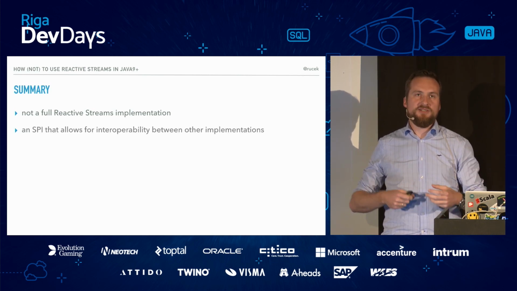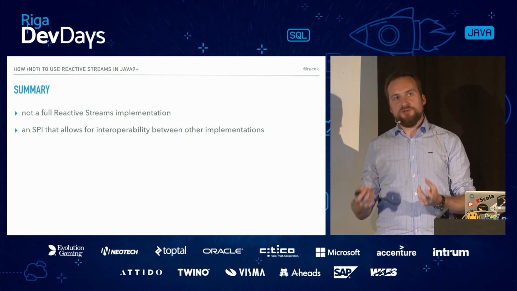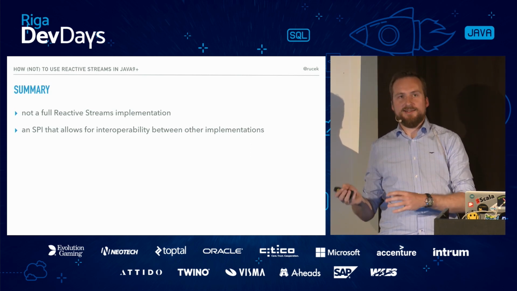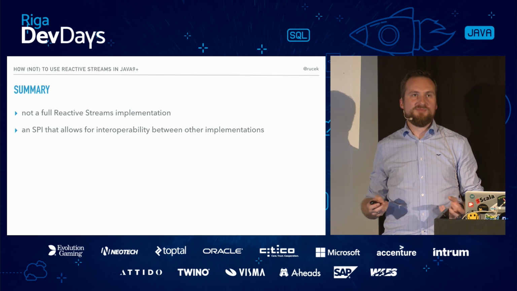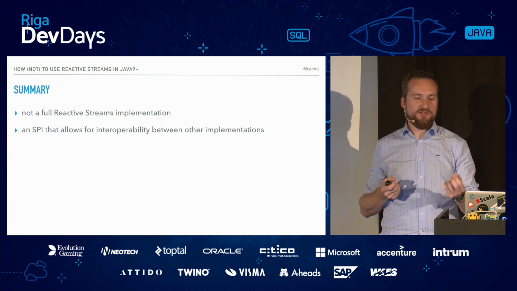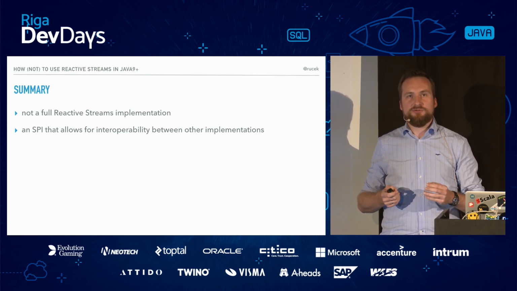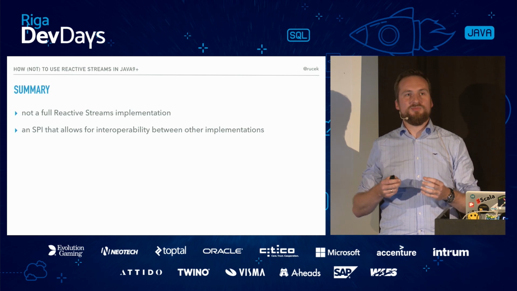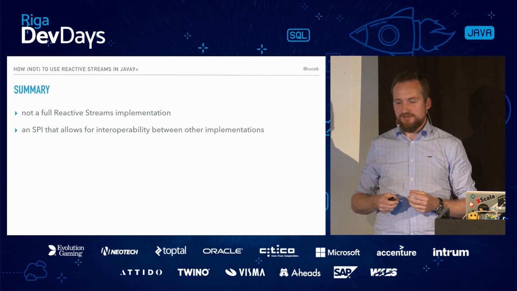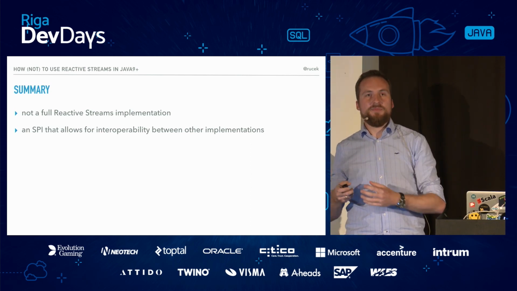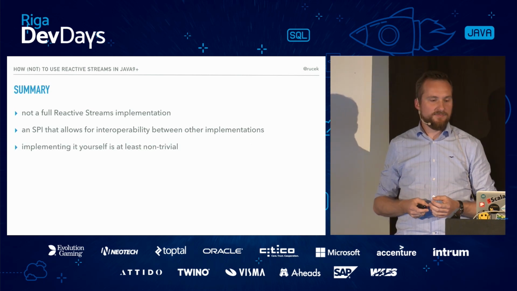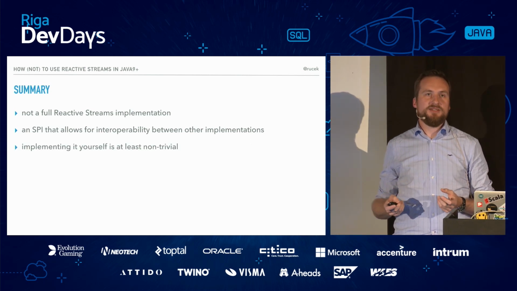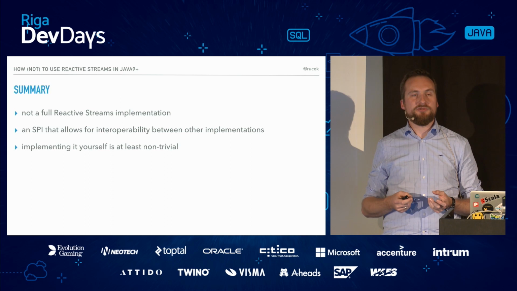The goal of them being in the JDK is not to be implemented daily by regular developers, but rather to be an integration layer for different implementations. So if you wanted to write a library, you should be exposing those interfaces, but you really shouldn't be writing the components yourself, but rather use something that was thoroughly tested. And as you have seen, implementing it on your own is really non-trivial.